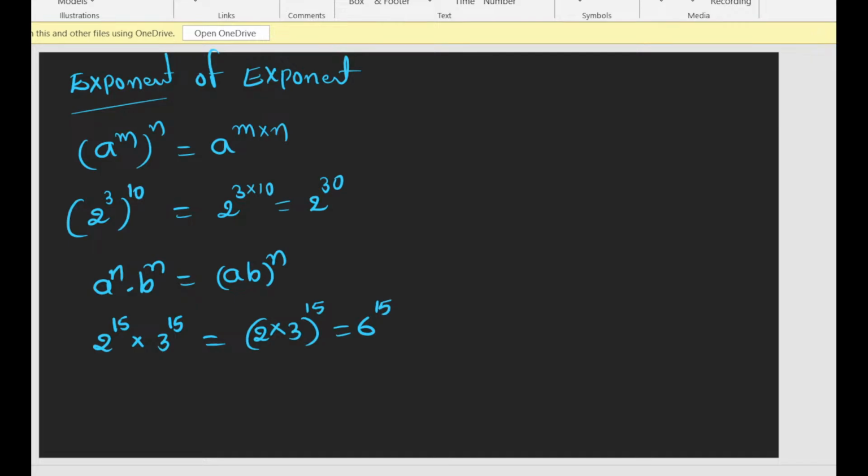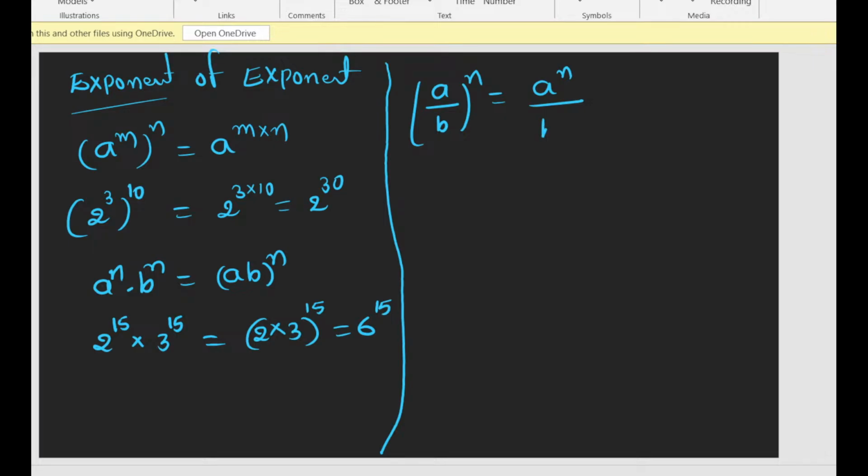Now next, a by b whole power n, we can write as a power n by b power n. One more formula: a by b whole power minus n, we can write as b by a whole power n.